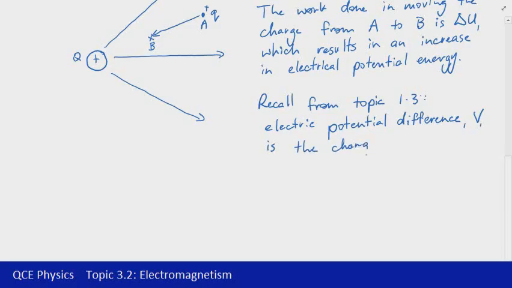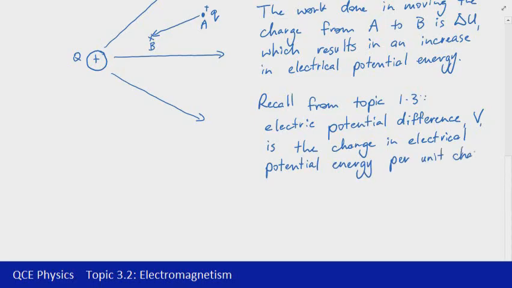So the definition is that it's the change in electric potential energy. Note that I'm saying electric, but I'm writing electrical. It's just habit that I'm used to calling it electric potential energy, but the syllabus uses electrical. So change in electrical potential energy per unit charge.